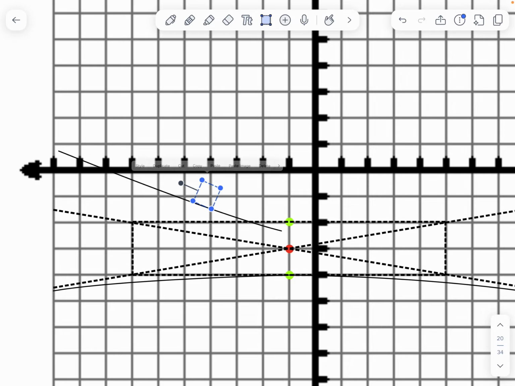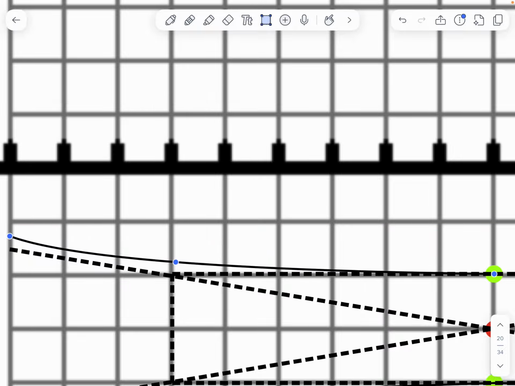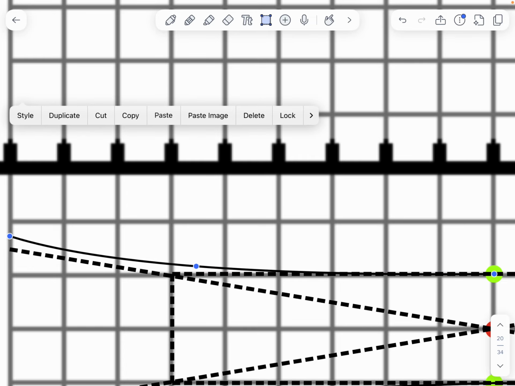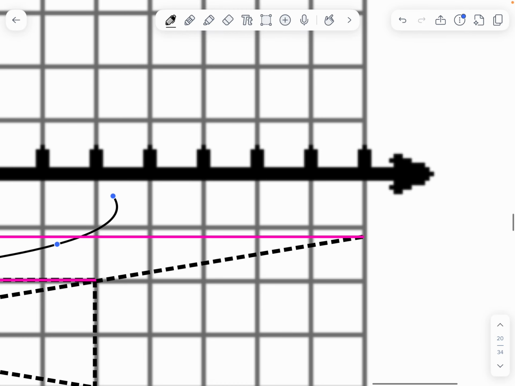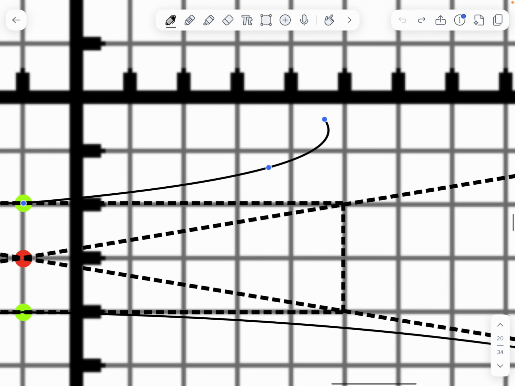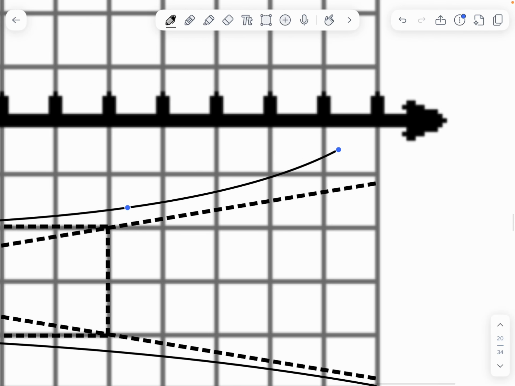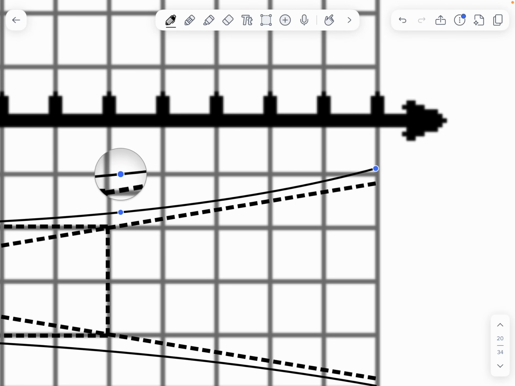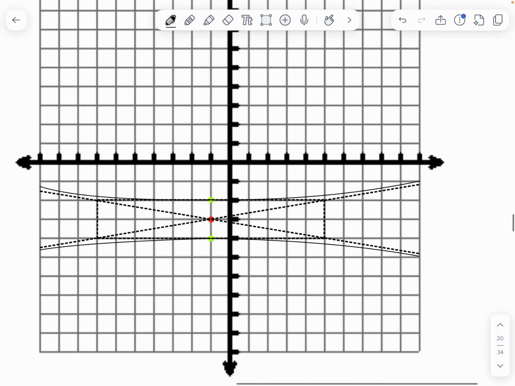Yeah, this is really hard to duplicate. And that is our hyperbola.